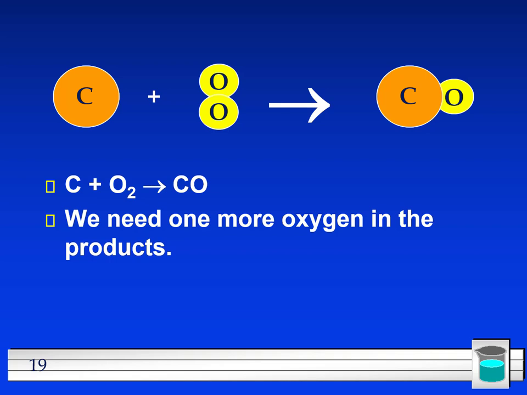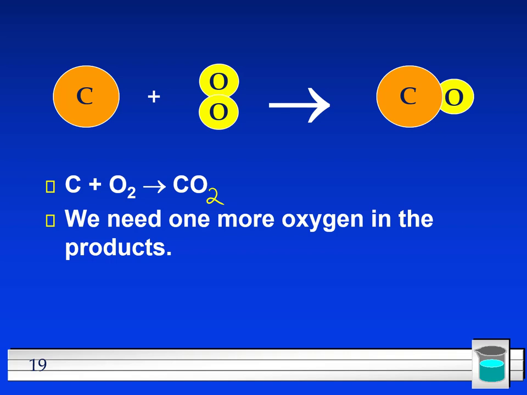Well, that's easy to do, Mr. Green. All you have to do is put a 2 right there. There's only one little problem with that. You're not describing the same thing you started off with. Carbon and oxygen make carbon monoxide, a poisonous gas. Carbon and oxygen make carbon dioxide, a not so poisonous gas.